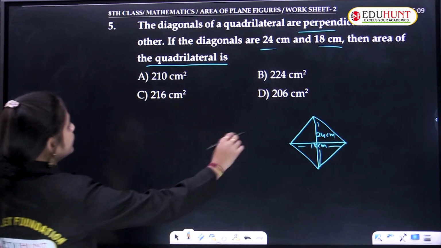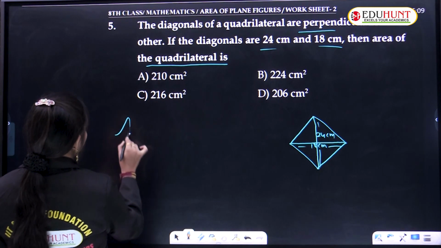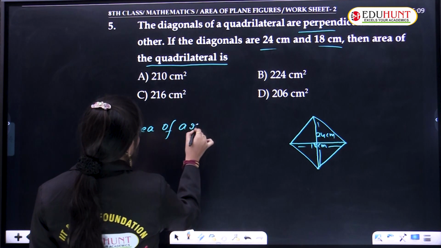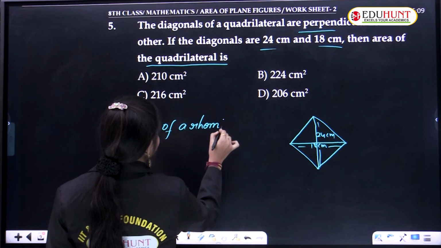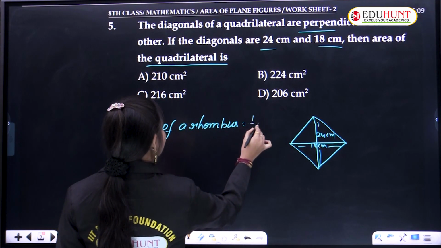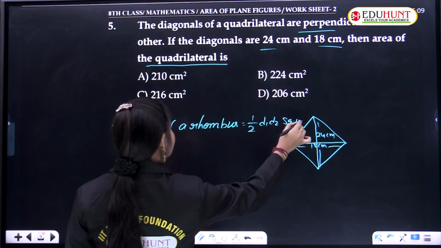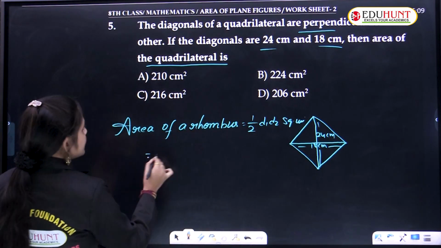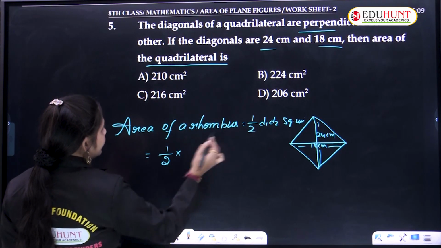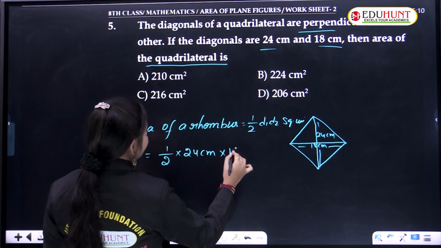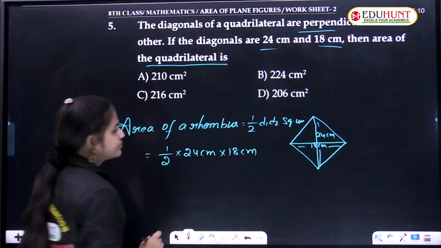Okay. Now here, area of a rhombus. What is that formula here? Half D1 D2 square units, which is equal to half into D1, 24 centimeters, into D2, 18 centimeters.